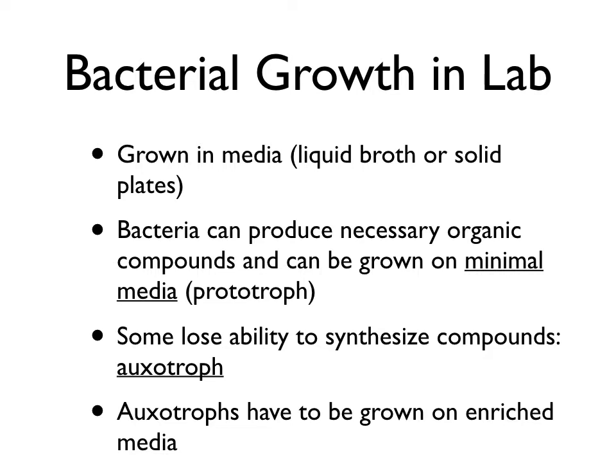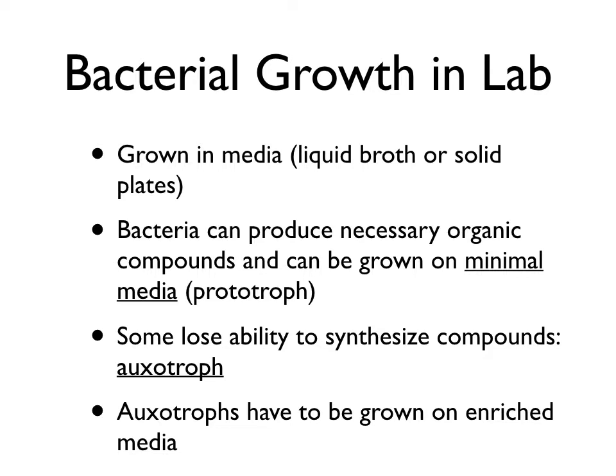And those bacteria that are capable, they have this wild type of being capable of producing all of these necessary organic compounds. They are called prototrophs, and prototrophs can be grown on minimal media, meaning it provides the minimal amount of nutrients, minimal diversity of nutrients for the growth of bacteria. It gives them the bare bones, basic nutrition that they require to grow and survive.